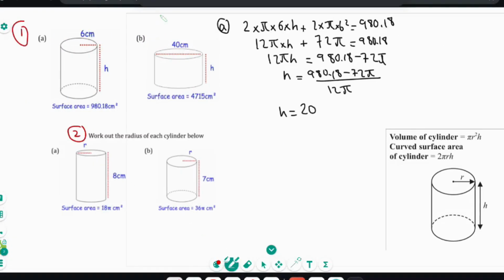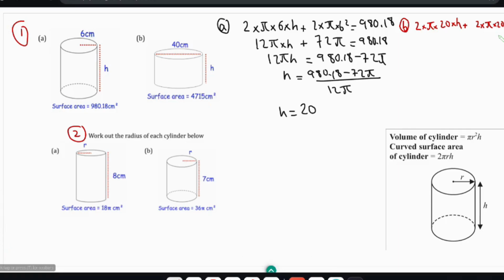Part B. 2 times pi times r, which is 20, times h, add 2 pi r squared, is equal to 4,715.